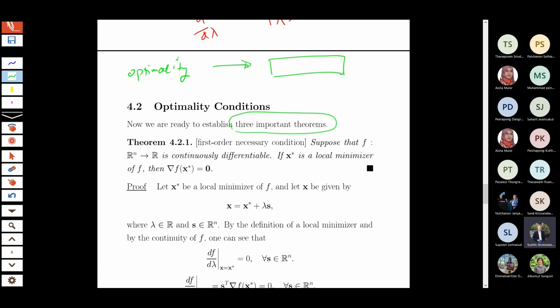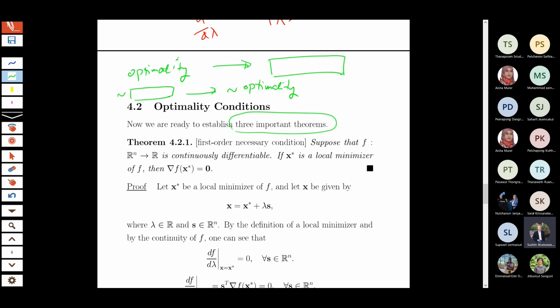If we use logic, then we know that the negation of this condition implies that it's not optimality. The optimality doesn't happen.